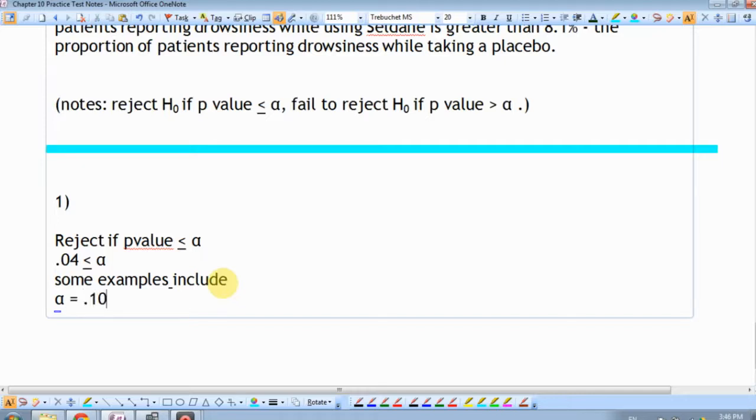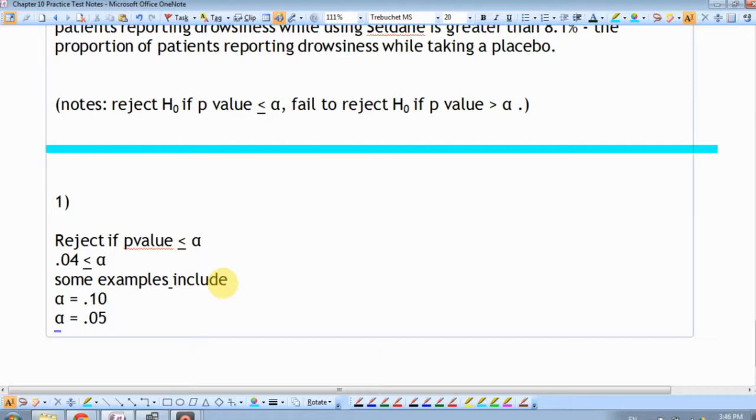That would lead to rejection because 0.10 is greater than 0.04. The one that you're likely going to see is 0.05. That would lead to rejection. Any number that's greater than 0.04 will. The answer is just anything higher than 0.04. We'll reject the null hypothesis, yeah.